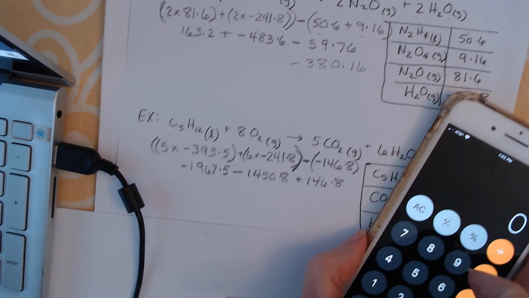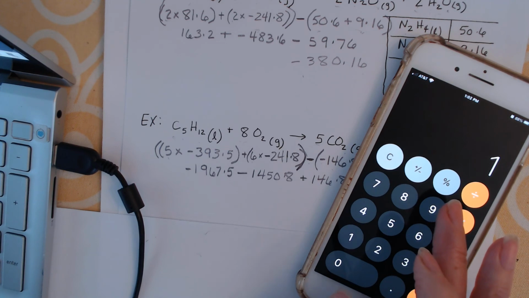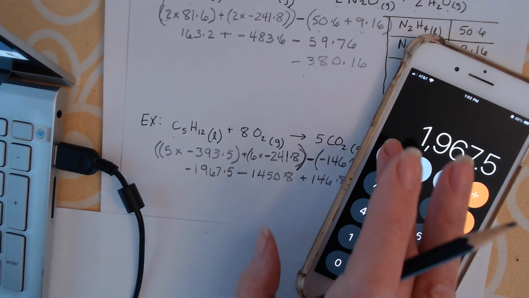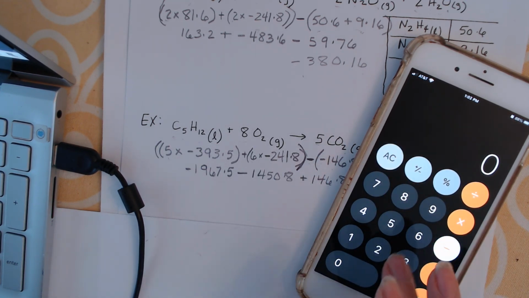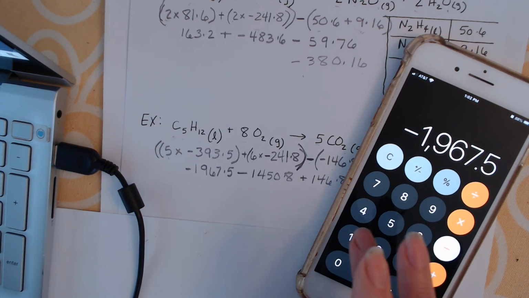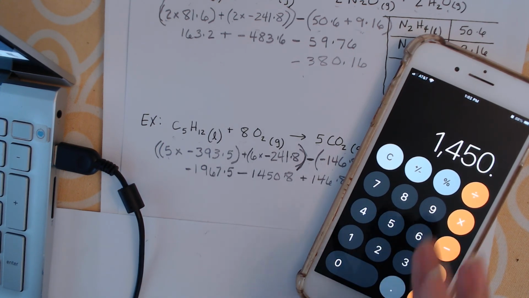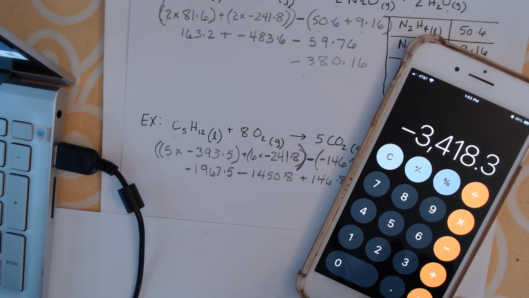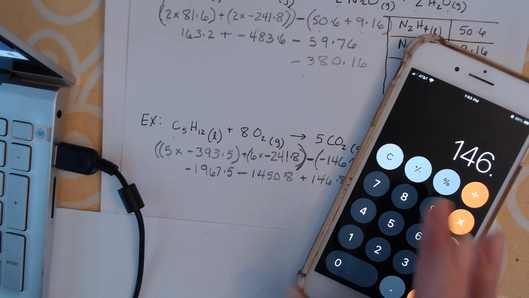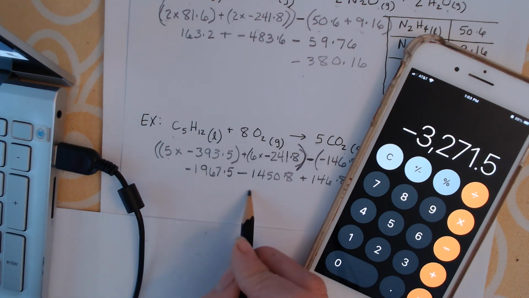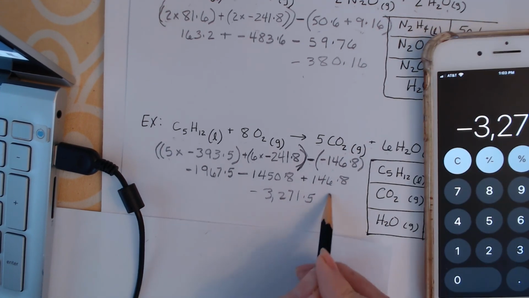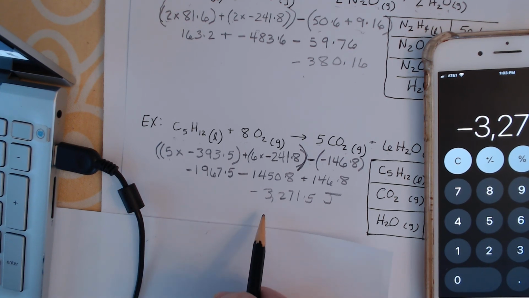So now I'm going to go back and say negative 1967.5 minus 1450.8 equals, okay, and then plus 146.8 equals negative 3,271.5 joules. All right. Now, that is a huge number.